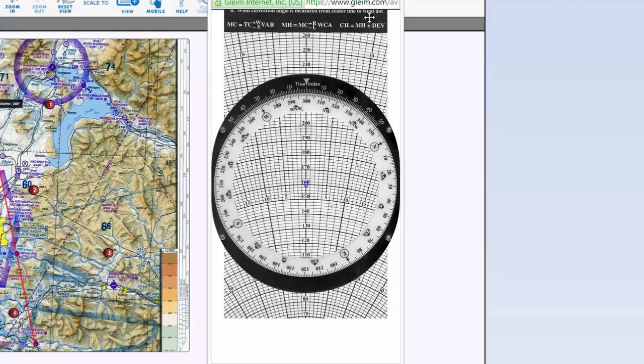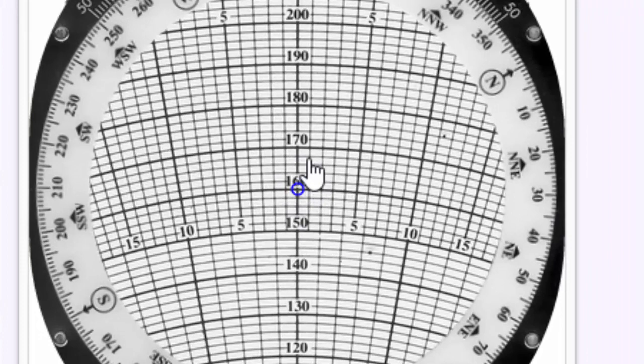We just want to set the dot over one of these heavy lines and then mark our winds up from that. So our wind was 14 knots, so there's 10, and then 12, 14 knots, and we'll put a dot right there to represent the winds are 14 knots from 300 degrees. It may help to draw an arrow to just help visualize that this represents a wind vector.